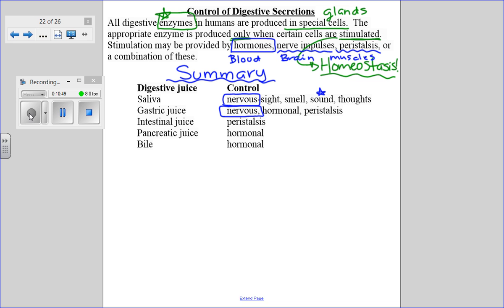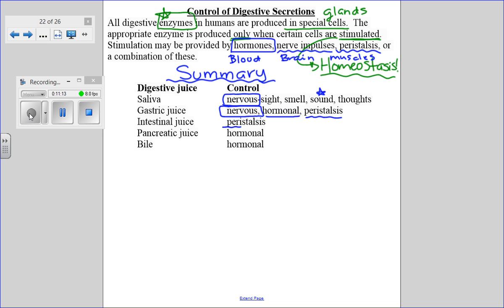We'll talk about a hormone, and I'll mention that peristalsis happens there. So when smooth muscles contract in your digestive system, in particular in your stomach and your esophagus, that's sending signals that food is on its way, and your brain responds by telling your gastric glands to produce things.